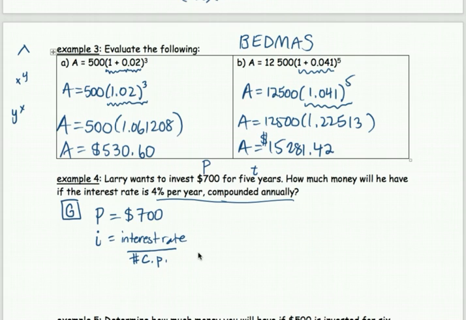We have 4%, and we change 4% to a decimal by dividing by 100, and then we get 0.04. The interest rate is 0.04 divided by the number of compounding periods. Annually means once a year, so the interest rate we're going to work with today is 0.04.